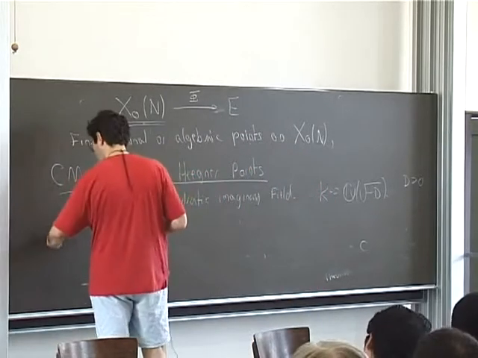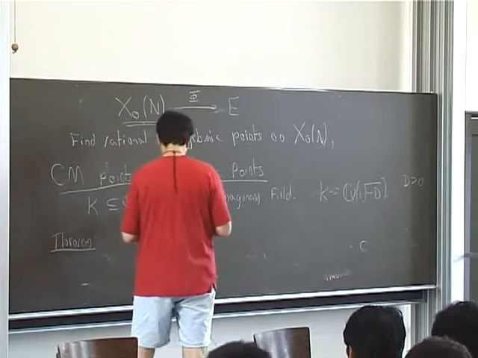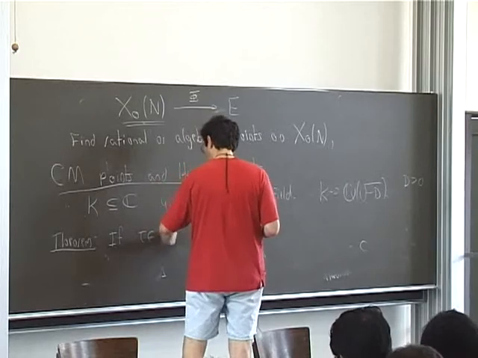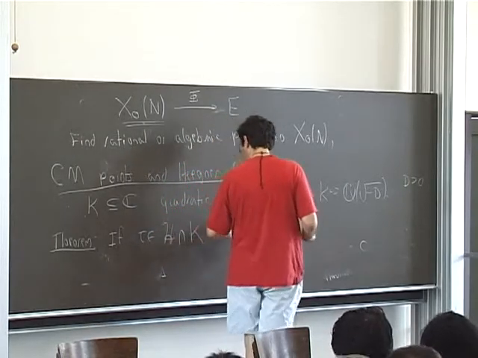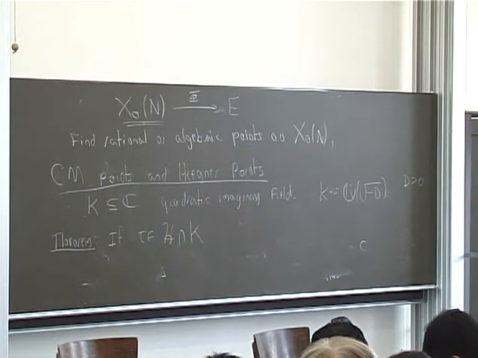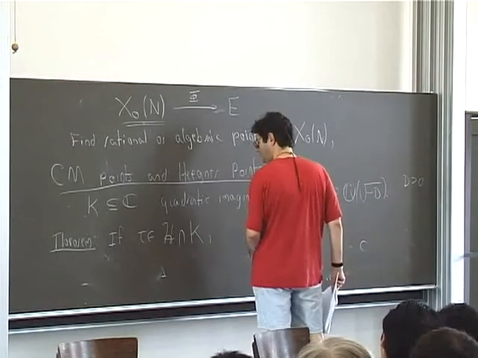And then the main theorem is that if I take a point tau in the upper half plane which also has coordinates in this quadratic imaginary field, then the image of this tau under phi is an algebraic point.